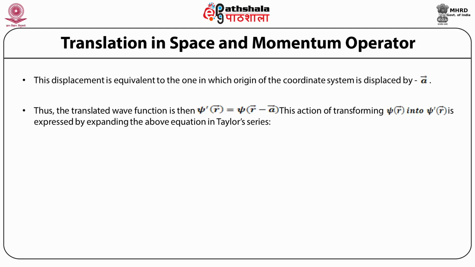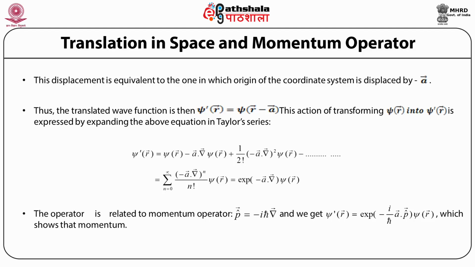So we have the wave function psi prime as a function of r given by psi of r, minus vector a dot vector del times psi of r, plus 1 upon 2 factorial times within brackets minus vector a dot del vector whole square times psi of r, minus and so on.